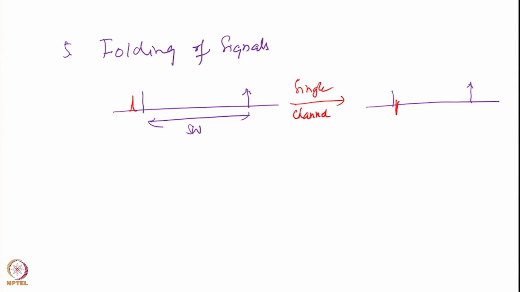It will appear with a distorted phase, meaning it will be neither purely absorptive nor purely dispersive, it will have some sort of a distortion. So this is a folded signal, this is called folding.